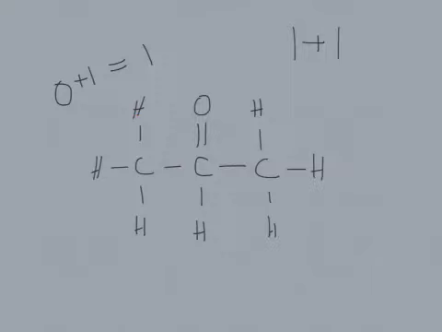And we would get 1 plus 1 equals 2, and we should have two peaks there. But we do not, so we can be sure that we were correct in our original structure. Thank you so much.